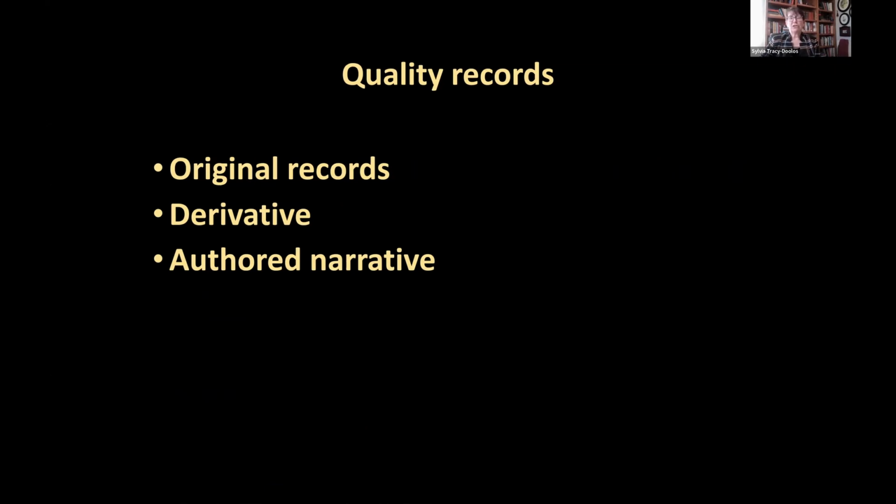Those derivative records are things like indexes, translations, extracts, abstracts. Again, very good records, but they're not the originals. And of course, authored narratives are things like family histories, social, local histories, military histories, things like that. Again, very good records, but we have to analyze them just a little bit differently.